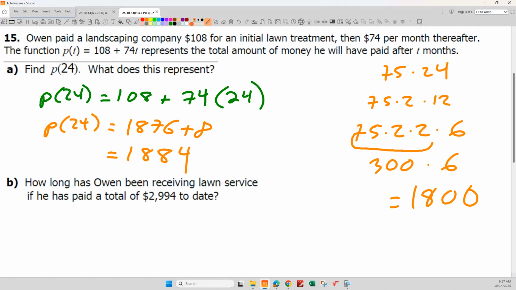Okay, so jump into Desmos graphing and see if you can find that answer. Help each other out. We could do this algebraically, but go ahead and use technology.